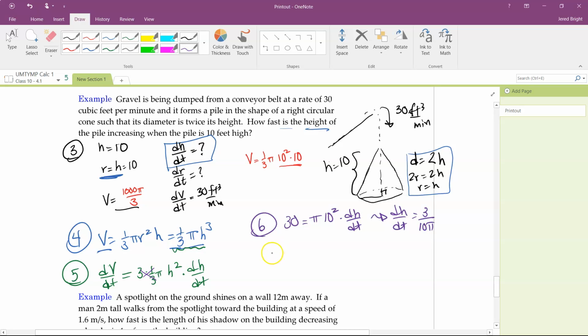Okay, so then I'm going to say in this case the height of the pile is increasing at 3/10 pi feet per minute.